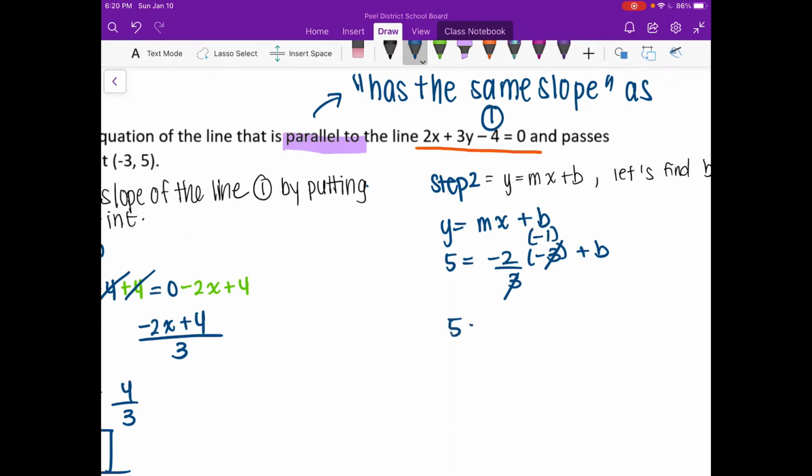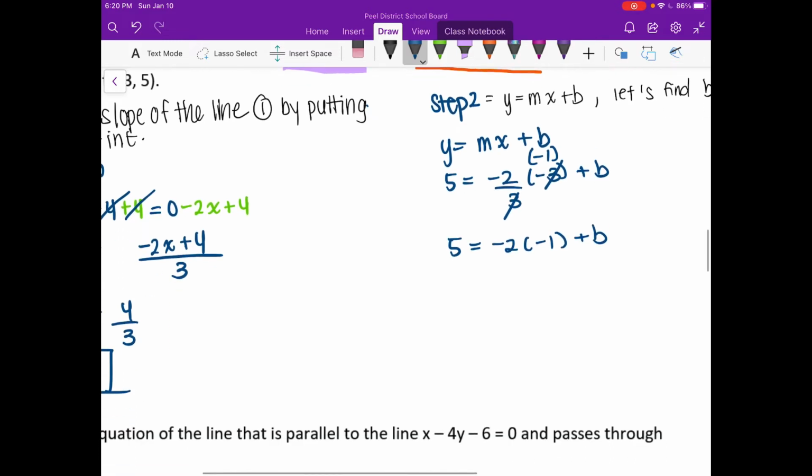So then I have 5 equals negative 2 times negative 1, plus b. Negative 2 times negative 1 just gives me 2, so 5 equals 2 plus b. In order to get rid of the 2, I'm going to subtract 2 on both sides. So 5 minus 2 equals b. 5 minus 2 is just 3, so 3 equals b.